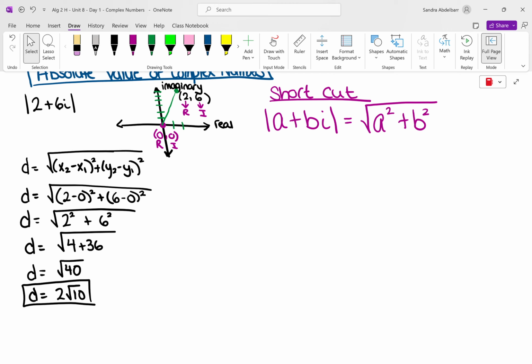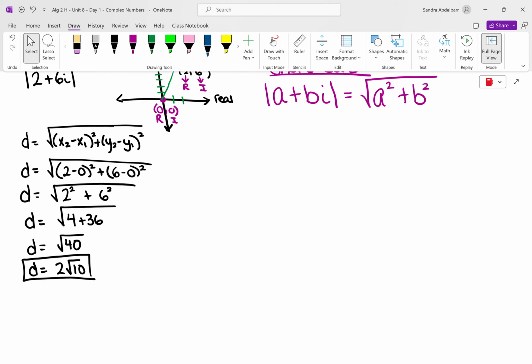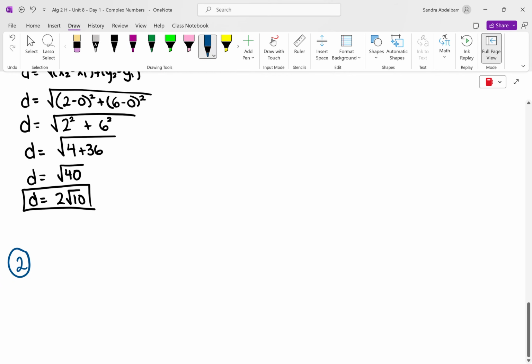Aren't we always subtracting 0 because we're finding the distance from 0? So if we had the absolute value of 2 plus 6i, it ended up being the root of 2 squared plus 6 squared. So we can use now the shortcut every time. We do not need to go into the distance formula. You guys try this one. I want you to find the absolute value of negative 3 minus 4i.